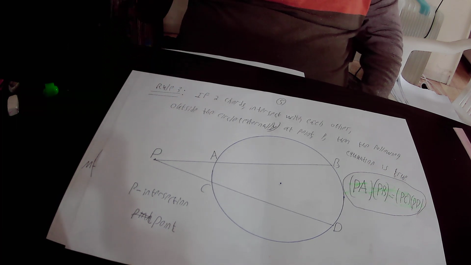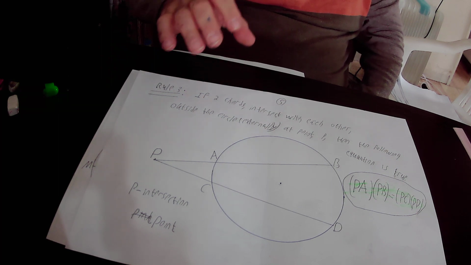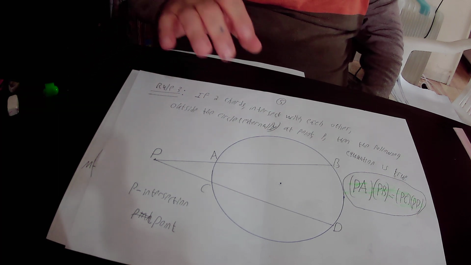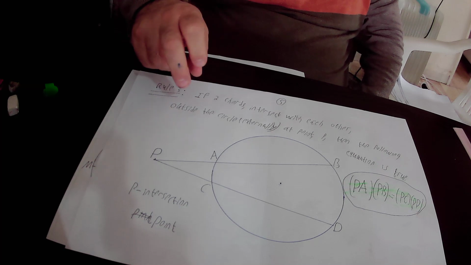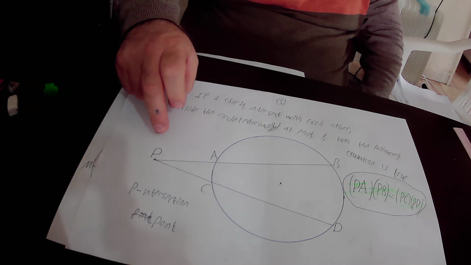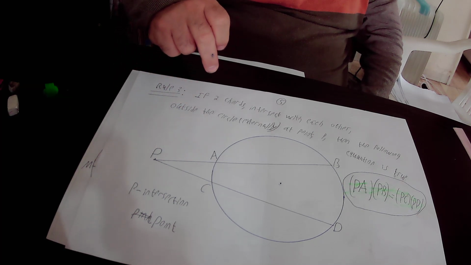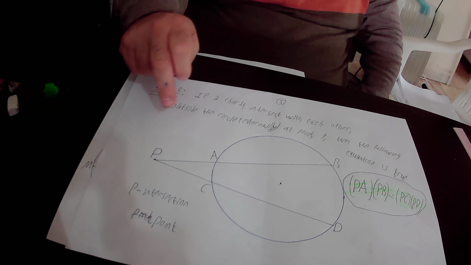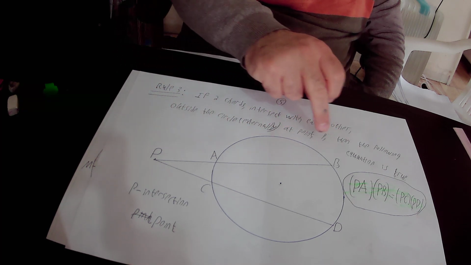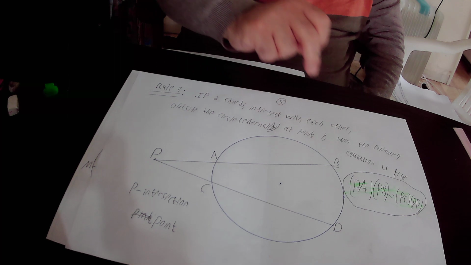If this is the reality, then the following equation is true, that PA times PB equals PC times PD.